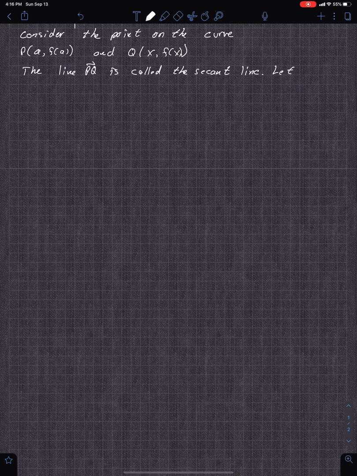We're going to let L_PQ be the secant line through P and Q. This will make more sense when I draw the picture.